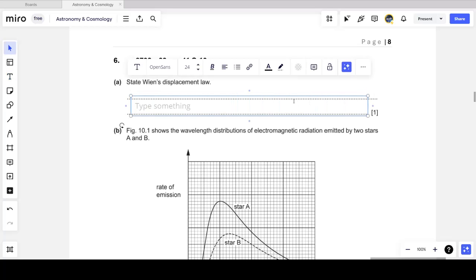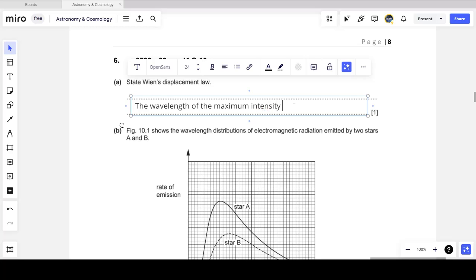Now, in my previous video, we've done this a few times. Wien's displacement law says that the wavelength of the maximum intensity of radiation is proportional to the thermodynamic temperature of that body. Okay, so the wavelength of the maximum intensity, or the intensity that has the greatest rate of emission, which is basically the same thing.